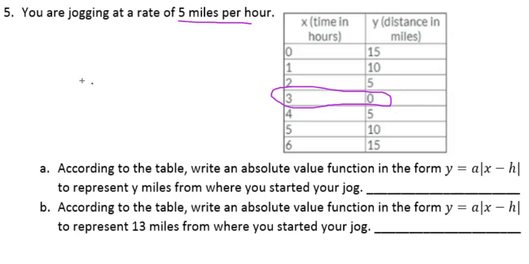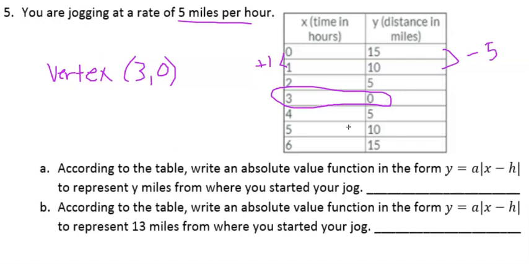So we know that our vertex is (3, 0). Now we want to find our slopes. So we have plus 1 for our x, minus 5 for our y's.